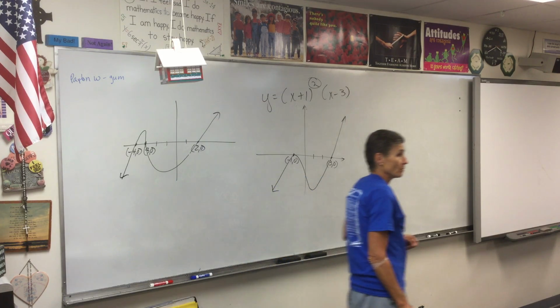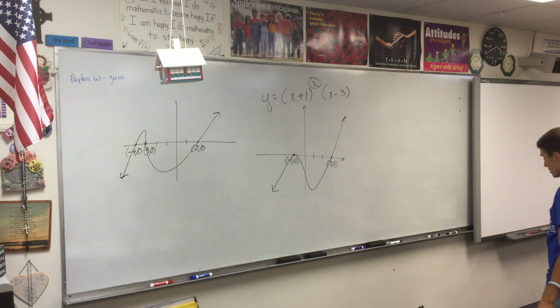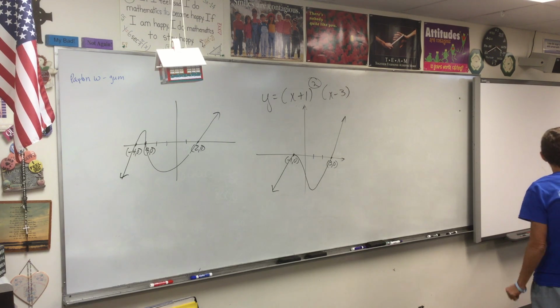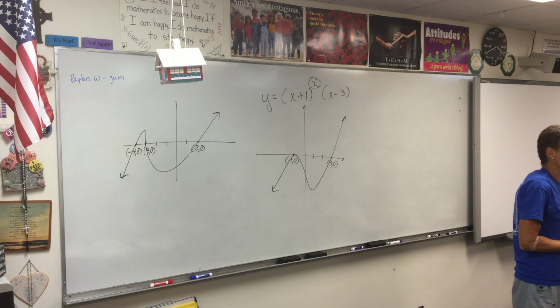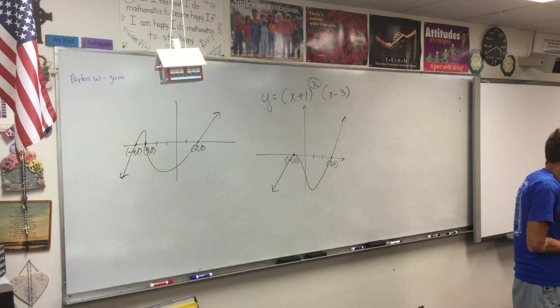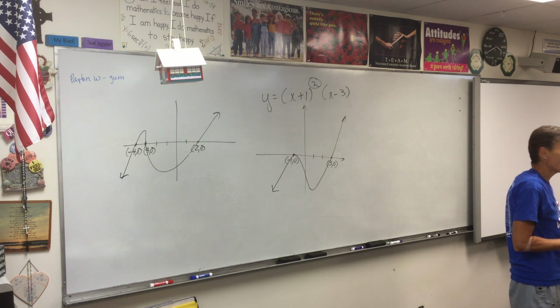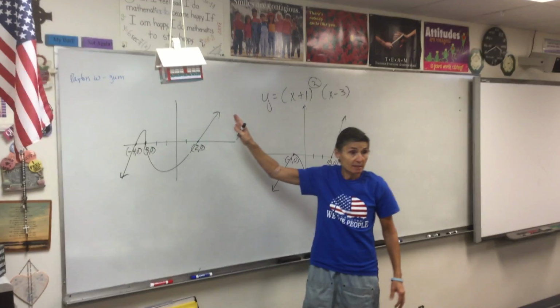All right, so I need you to remember something. X cubes start down and end up. Okay? And actually that's true of any odd power. So if we were doing an x to the fifth or an x to the seventh, any odd power is going to start down and end up.